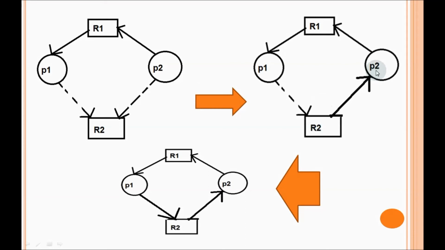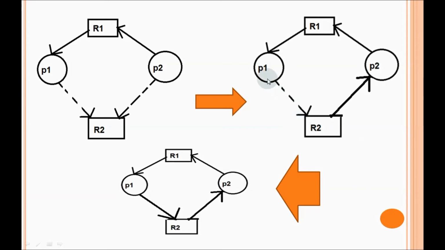Next, see here. If P1 requests R2 now, definitely it may lead to the deadlock. So the OS can't allocate R2 to P2. Why am I saying this? See, if R2 is allocated to P2, chances are P1 may request R2 also.